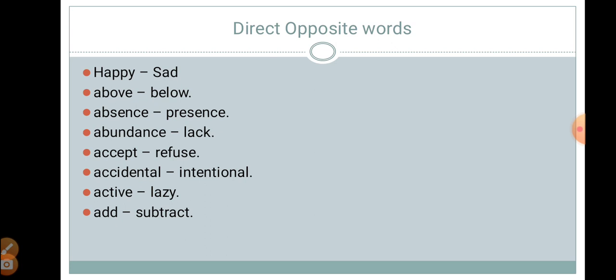Then abundance. Things are sufficient, are enough. That is what we refer to as abundance. Then if there is need for that thing, we call it what? Lack. So we see that lack is the direct opposite to abundance.